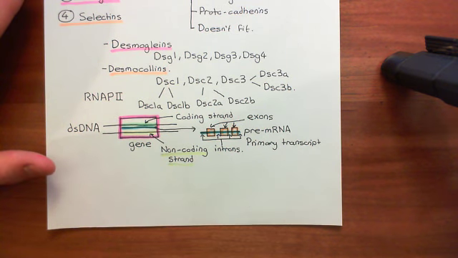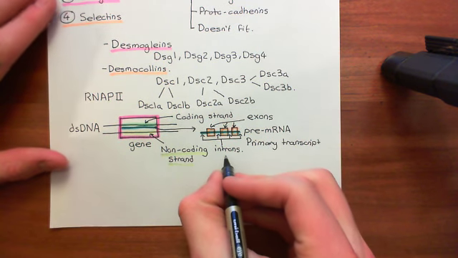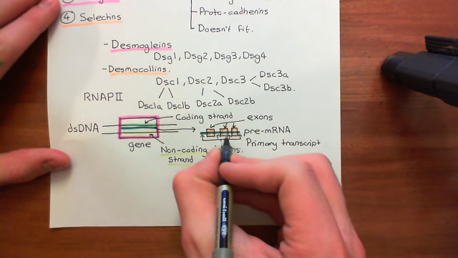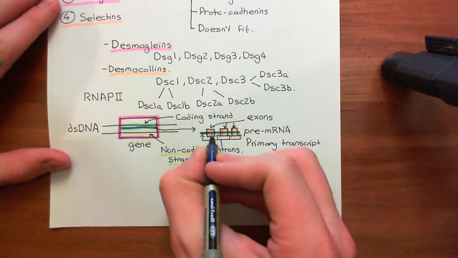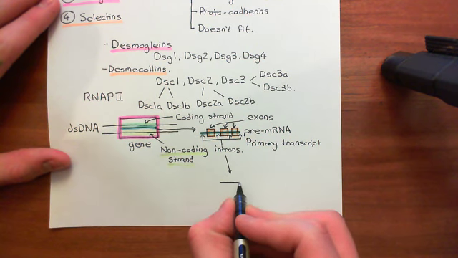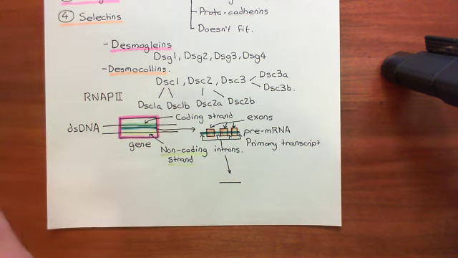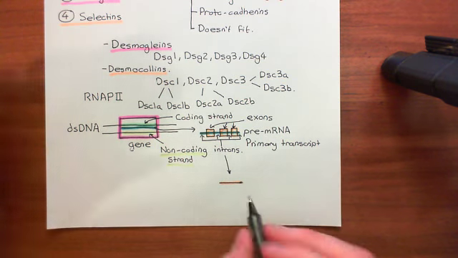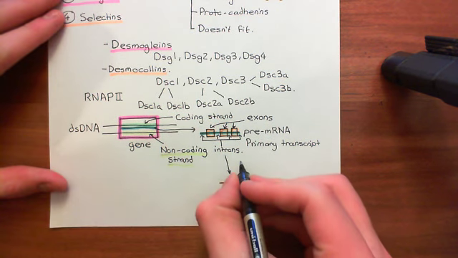Not good. So what you need to do is chop the introns out, basically, and re-stick the exons together. This will produce a much smaller piece of mRNA, which I'll colour in orange here, which just now consists of the exons.